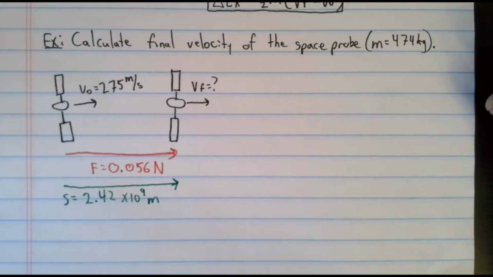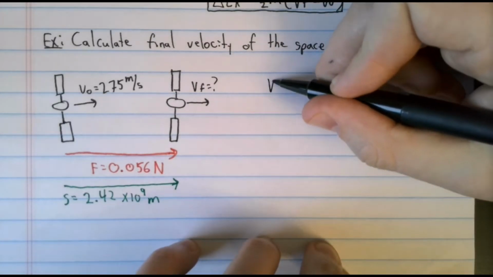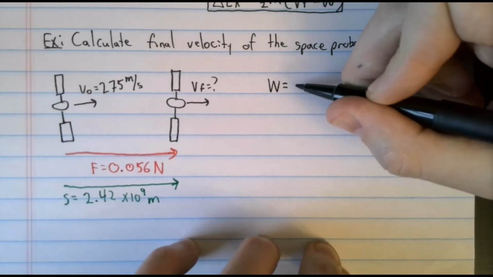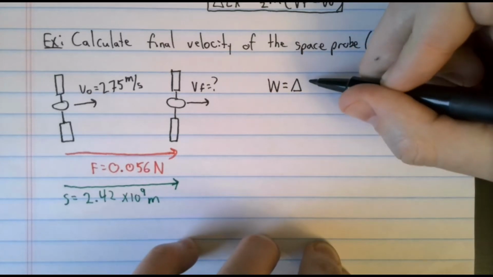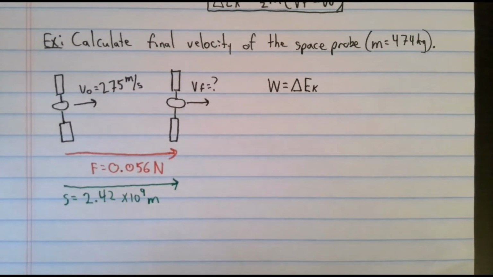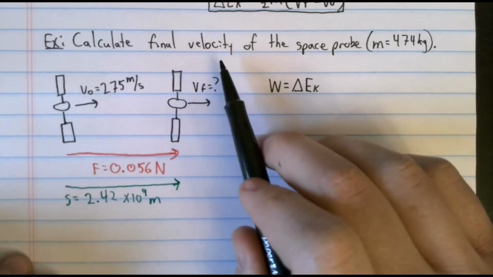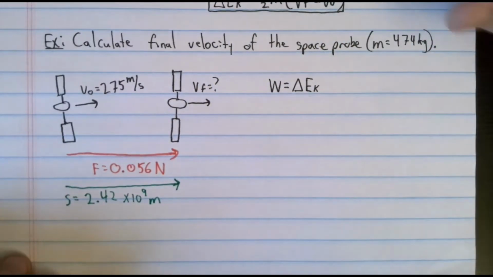We're trying to calculate final velocity using the work energy theorem. I don't believe I've missed any info. No, we're good. So let's start with the work energy theorem. The work done on this space probe is equivalent to the change in kinetic energy of the space probe. We want to introduce final velocity in some way.